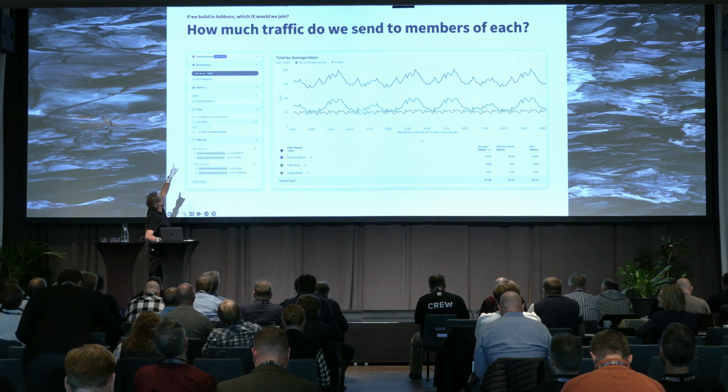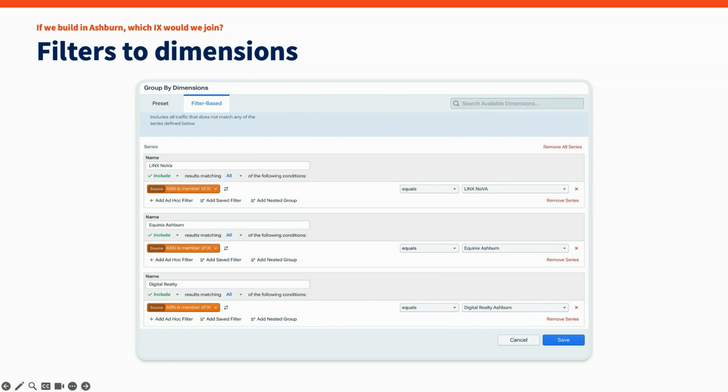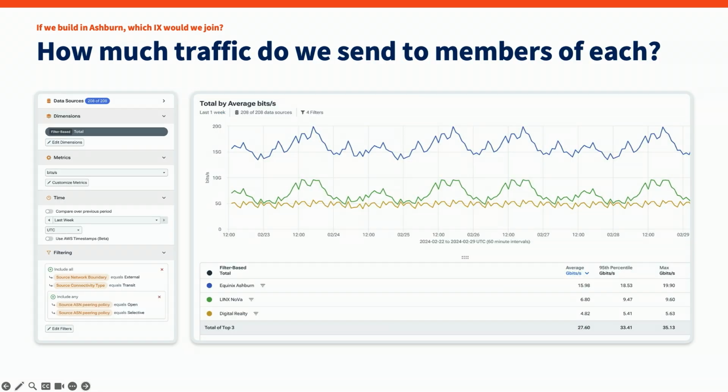Well, that dimension up there is basically a filter where we say, create a dimension Linx Nova, which basically is a filter that says, show me all the networks that are connected to Linx Nova. So if you push traffic through that filter, you will see how much traffic in your network could be carried over that connection to Linx Nova. So if we go back, we did the same thing for Equinix in Ashburn and the same thing for Digital Realty.